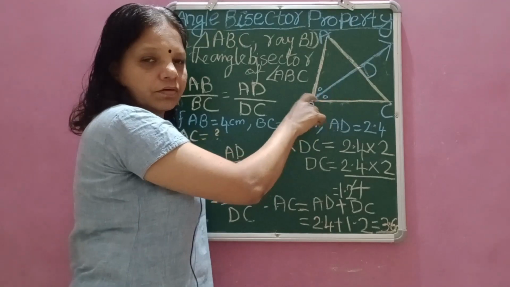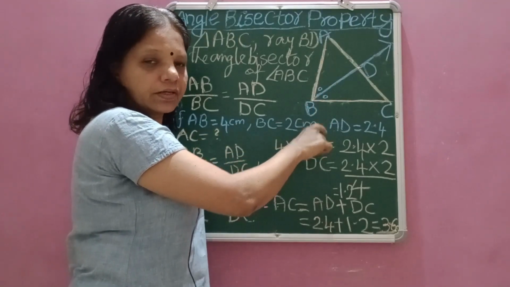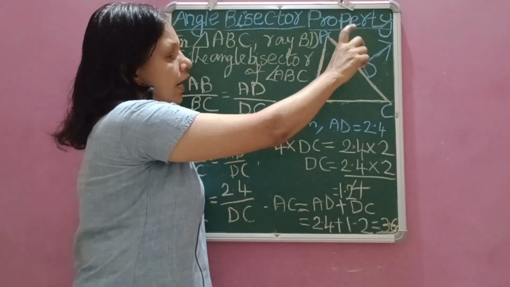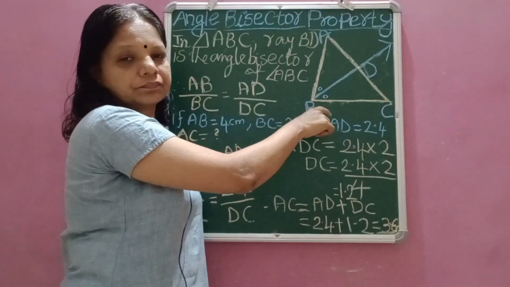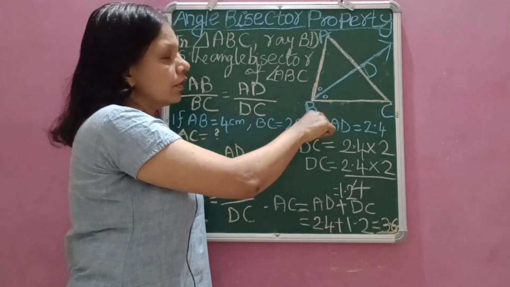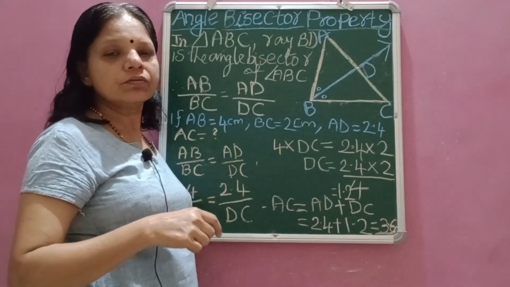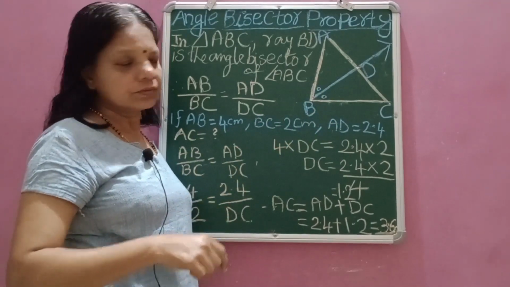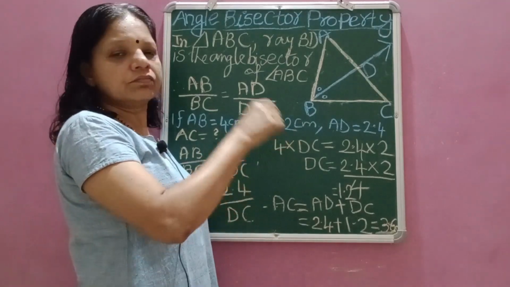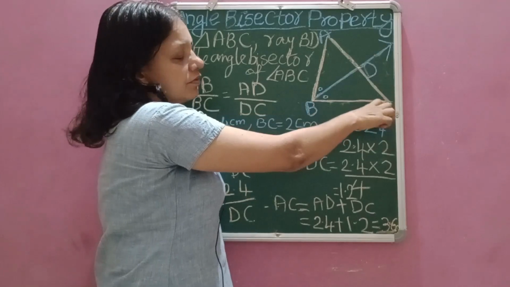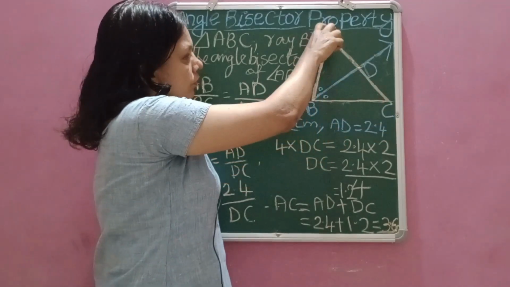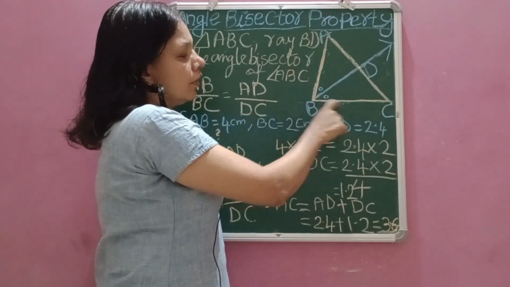The bisector of an angle divides the side opposite to the angle in the ratio of the remaining two sides. So which ratio is equal to which ratio? AD upon DC equals AB upon BC.